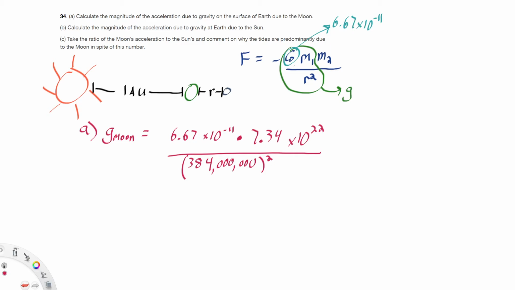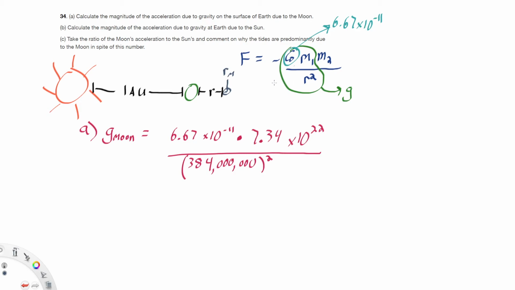This distance, by the way, is not from the surface of the Earth to the surface of the moon. Technically, we should also be including the radius of the moon, because the r in Newton's law of gravitation is the distance between the centers of mass of the objects.